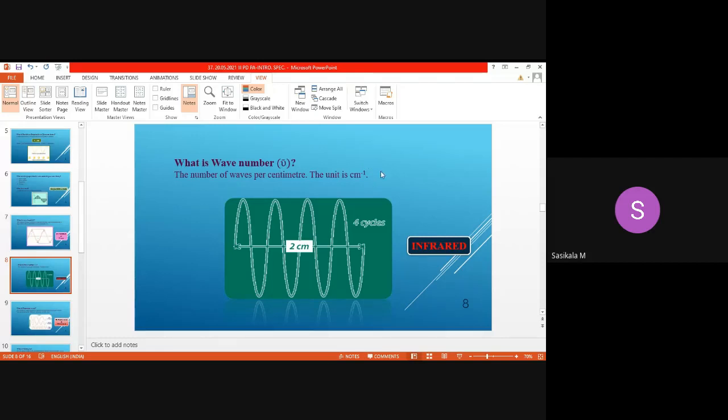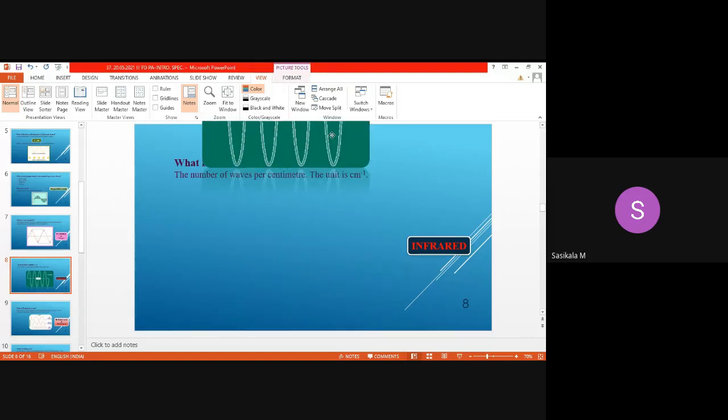Why is it given in centimeter inverse? When the distance is increased, the number of waves will be decreased. When you increase the number of waves in a given distance, the energy also will be high.